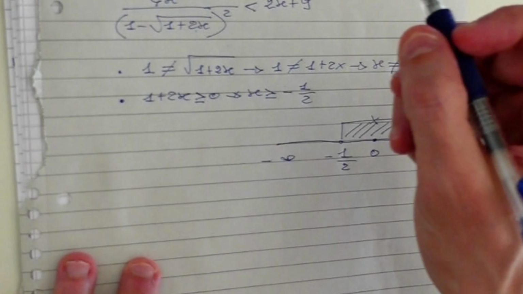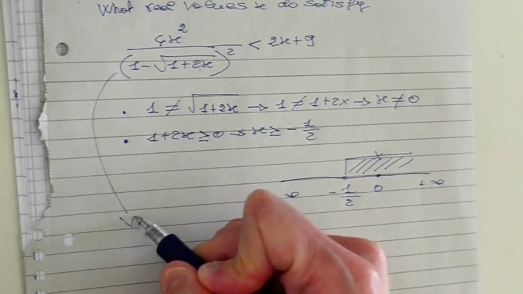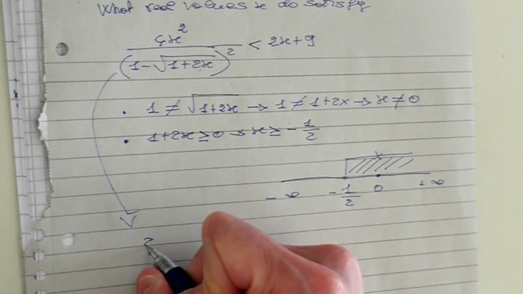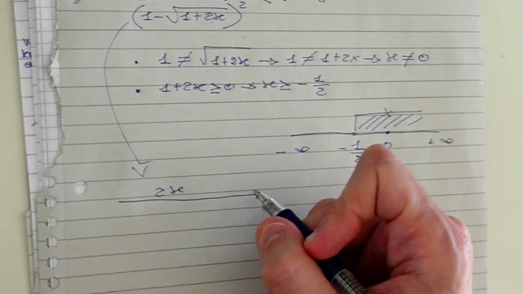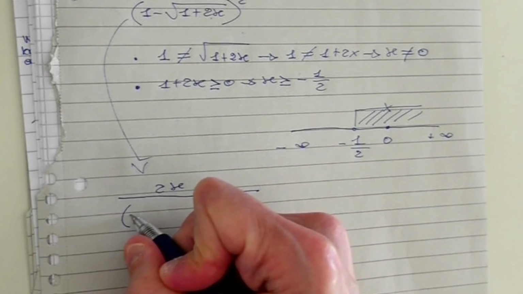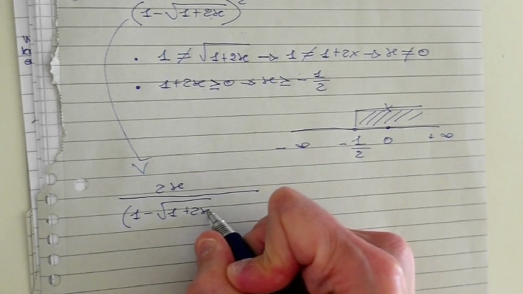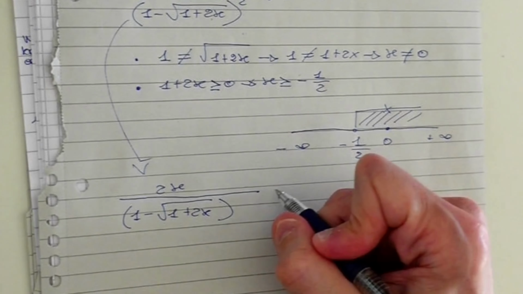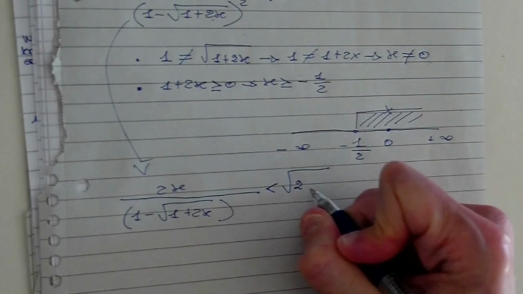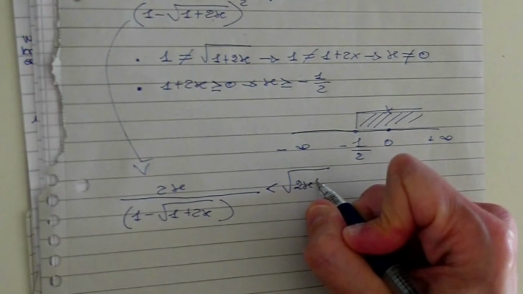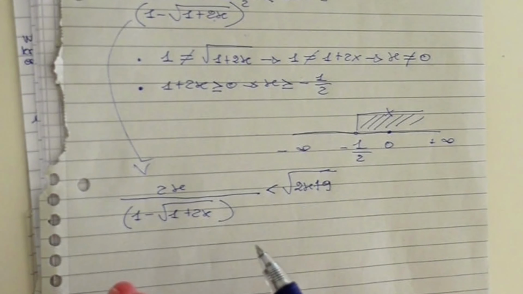From this inequality, we'll step into this: 2x over 1 minus square root of 1 plus 2x, less than square root of 2x plus 9. Is this correct or not?